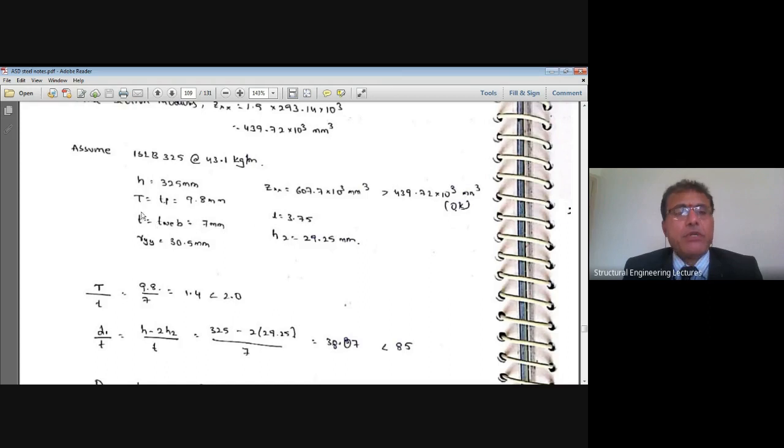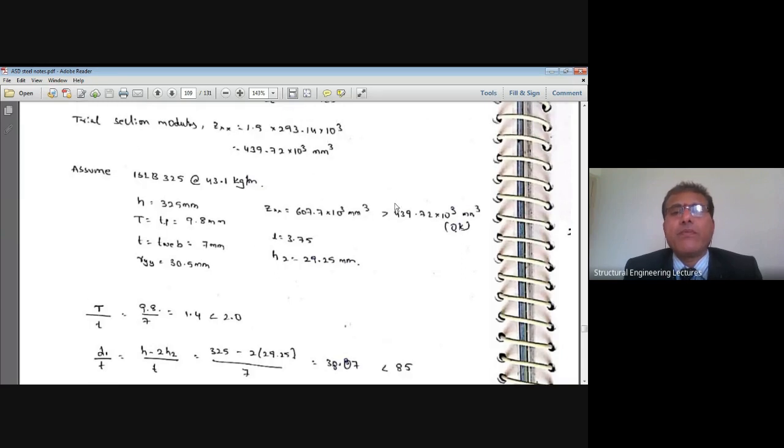Thickness of the web TW is equal to small t, 7 mm, and the radius of gyration RYY about weak axis is 30.5 mm, so that I'll get maximum slenderness ratio. Right? Then also the section modulus furnished by this section is 607.7 10 to the power 3 mm cube, but I require only 439.72 10 to the power 3 mm cube. Therefore, this section primarily is okay, but I need to check further.